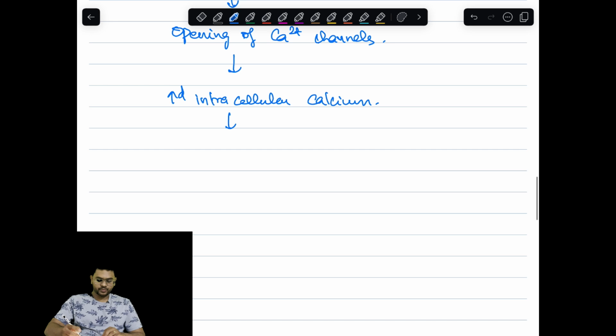Whenever there is increased intracellular calcium, one of the functions of calcium is helping in the fusion of secretory granules with the cell membrane. So it helps in exocytosis. That process is called exocytosis. So it activates exocytosis.